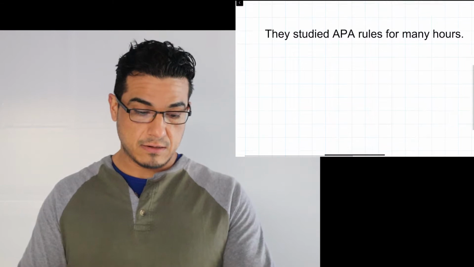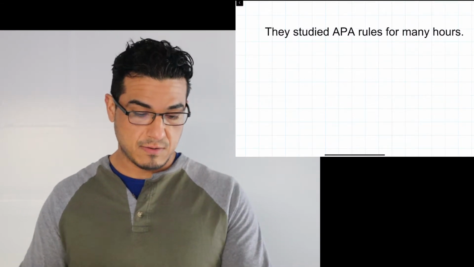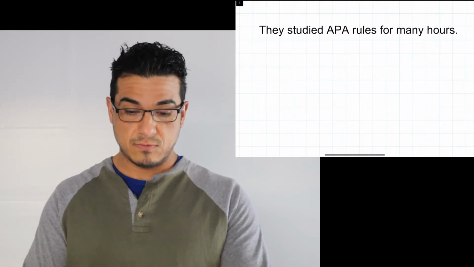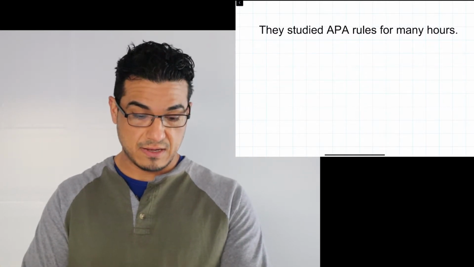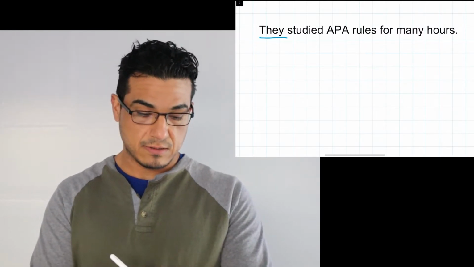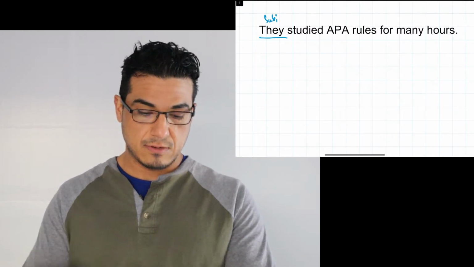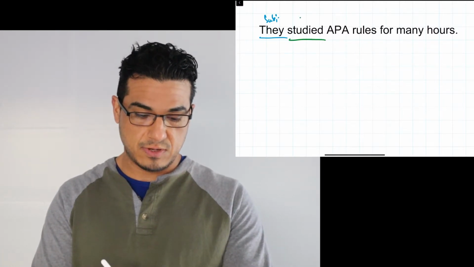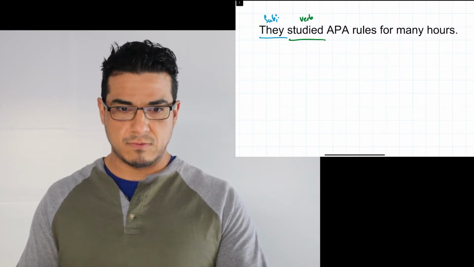All right, here, our final example. Again, we have they studied APA rules for many hours. So we've got a subject pronoun again, but a group of people, so a plurality. We've got a subject. Well, what did they do? Well, okay, they studied. That's going to be your verb. Okay, well, what did they study?